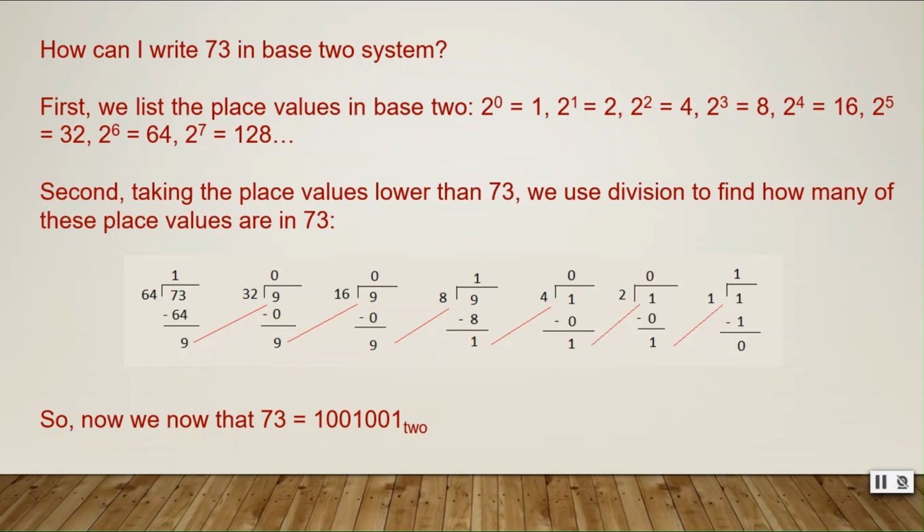Second, we take the place values lower than 73, in this case starting with 64, and we use division to find how many of these place values are in 73.